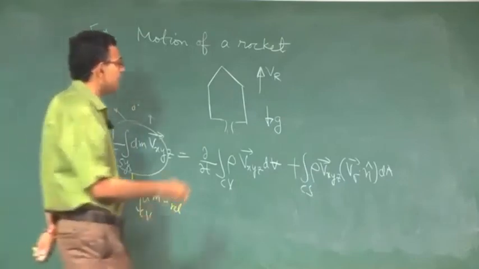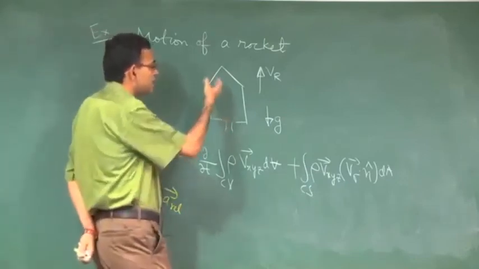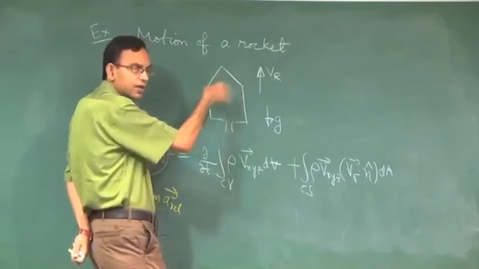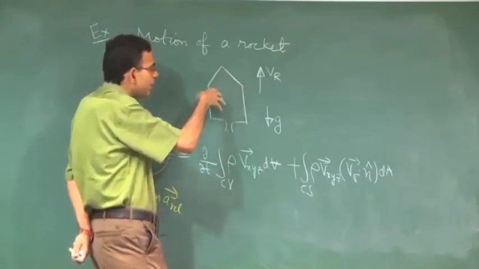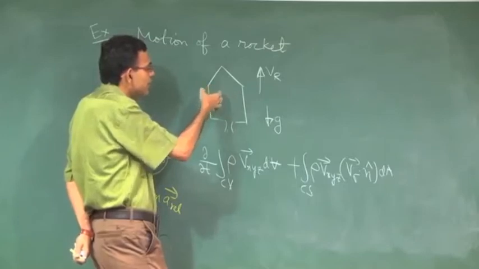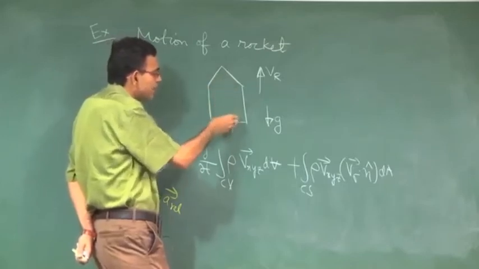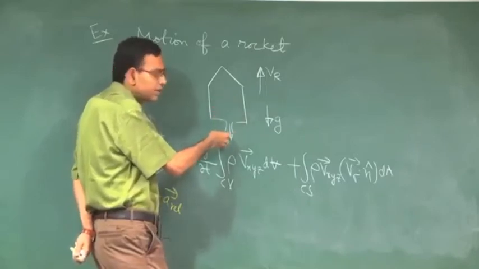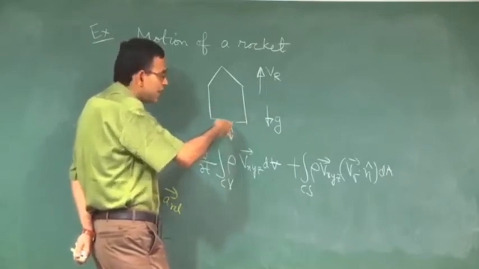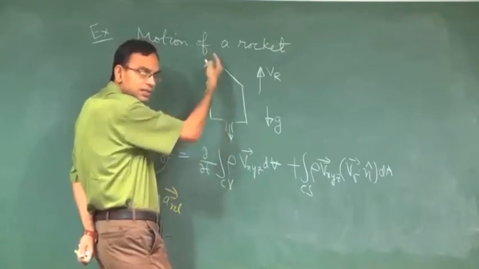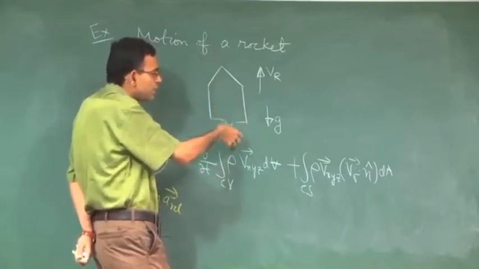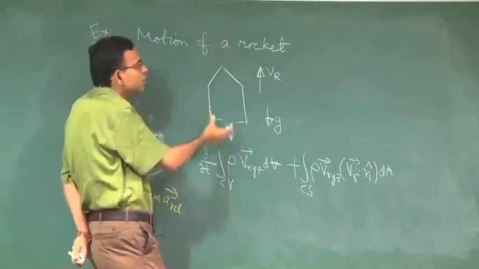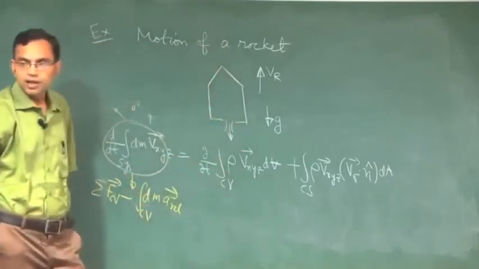The rocket has its own basic structure, plus it is carrying some fuel. When there is combustion, the products of combustion come out with very high velocity, and that gives an upthrust, which is essentially a momentum flux, and that will take the rocket to a higher level.